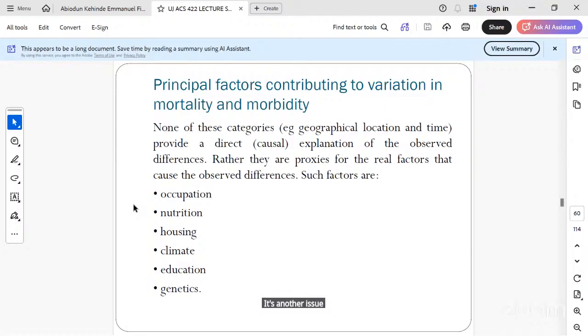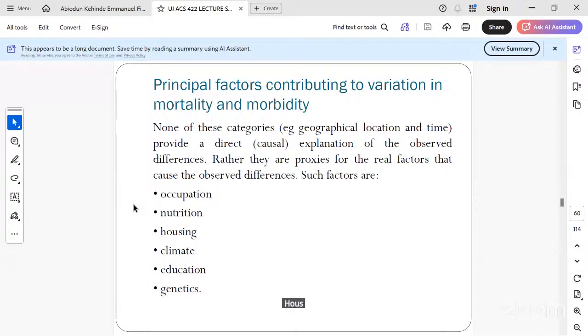Or you have enough food, but that food does not have the basic ingredient that will protect the individual taking the food from diseases. Because when you eat good food, your system will build immunity against some diseases.